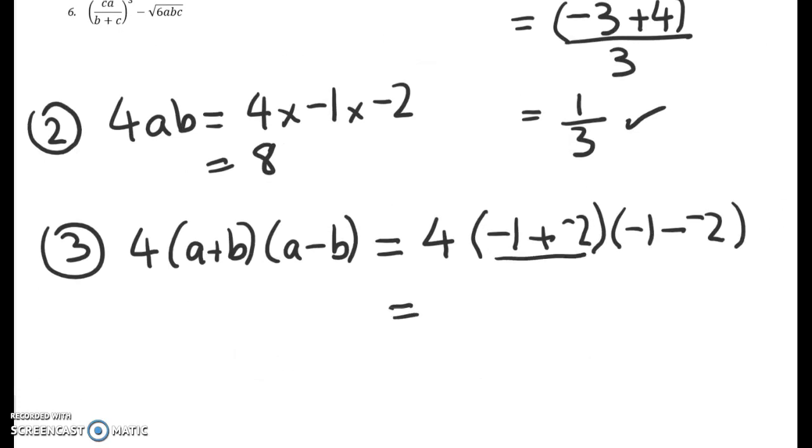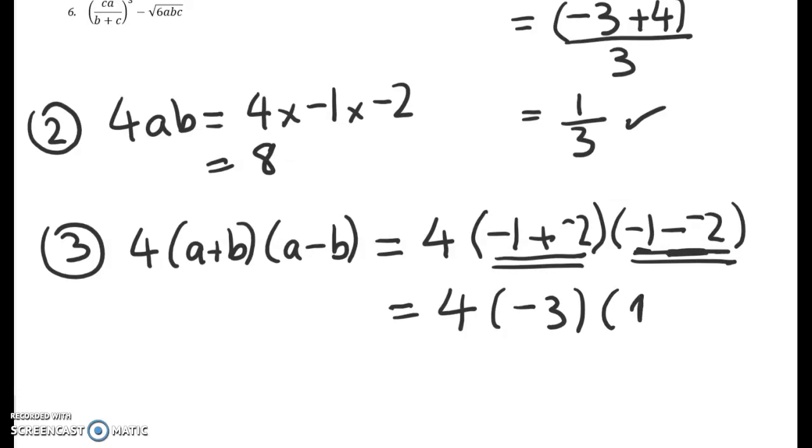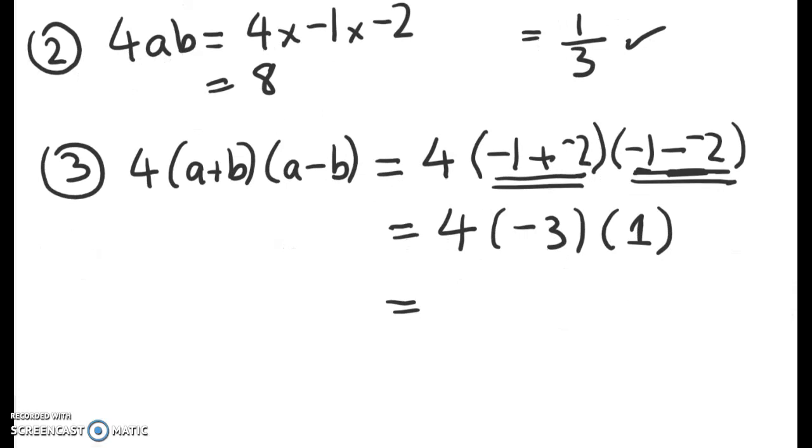Let's work out what's in each bracket, and then we'll multiply. So brackets come first. 4 times, well, -1 take away 2 is -3. -1 plus 2 gives me 1. 4 times -3 is -12, so I'm just working left to right here now. -12 times 1 is -12. So that's my final answer there.